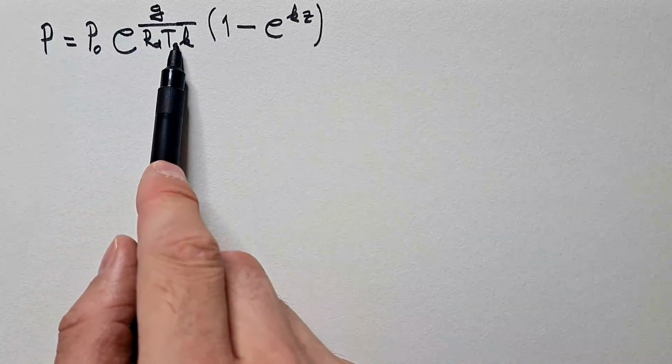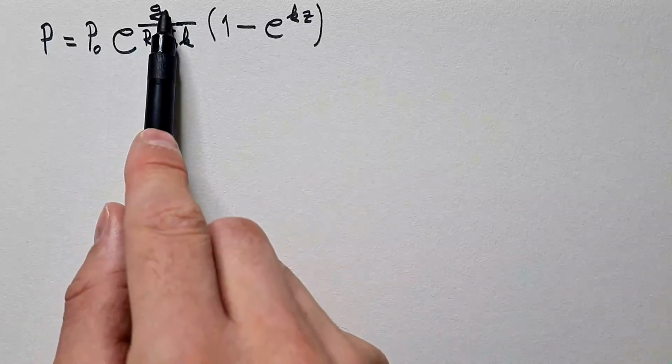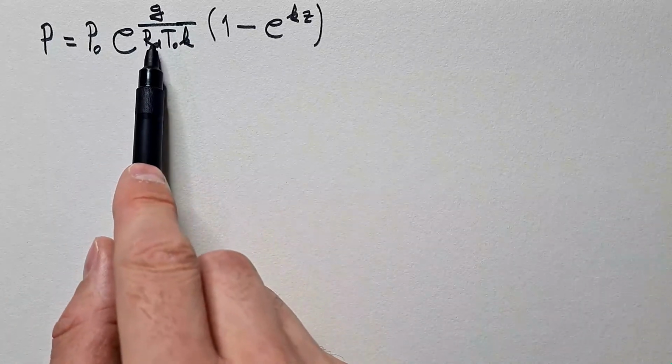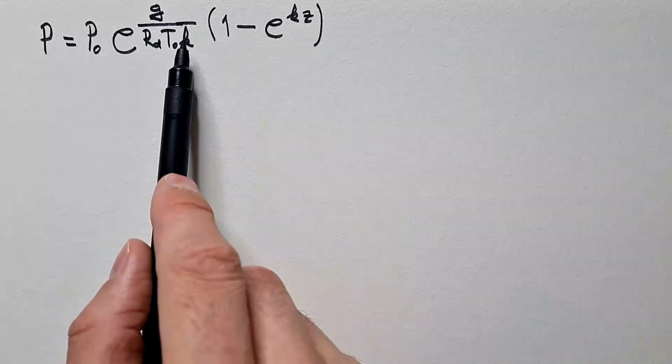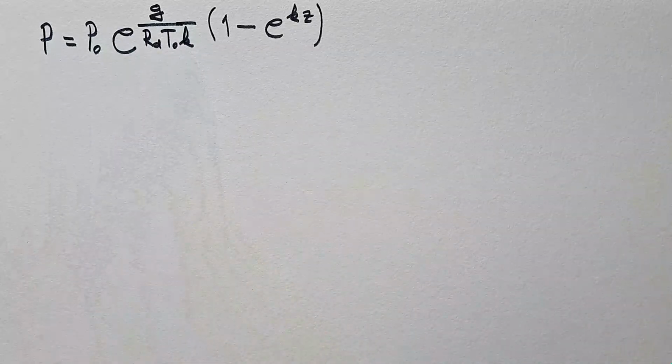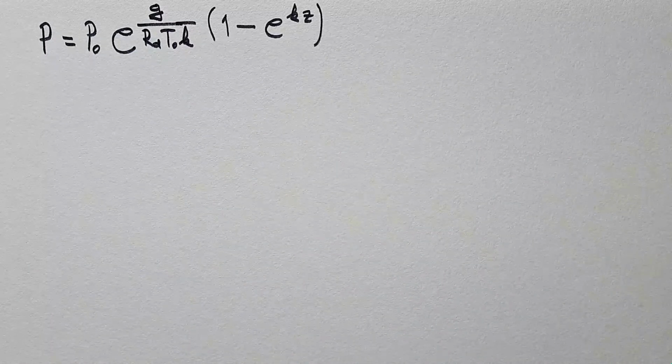P naught and T naught are the values of pressure and temperature at the surface. g is gravitational acceleration, R_d is gas constant of dry air, and k, which is important in this video, is the scale factor that dictates the rate of exponential decay of temperature.